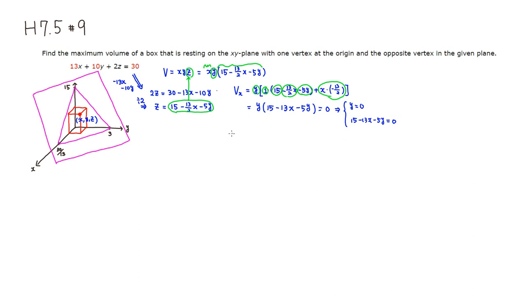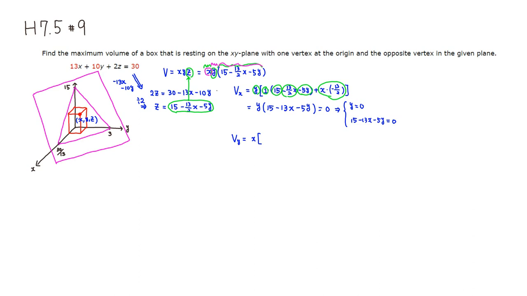Then we can take the partial derivative with respect to y. In this case, x is just a number, so I'm going to put x out here. Then we take the partial derivative using the product rule. Pay attention to the purple here: that's the first guy and that's the second guy.